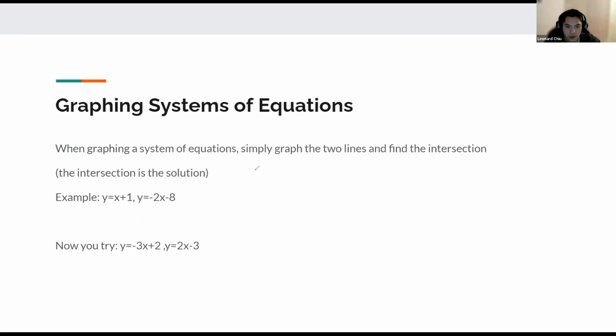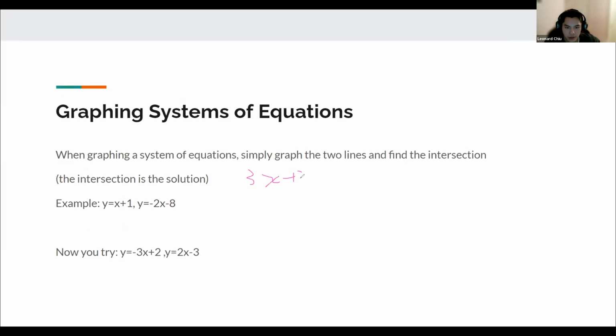If the question is like 3x plus 2y equals 8, I'm not going to solve this one, but just as an example, if that's one of the equations, you have to put it into y equals mx plus b form or point slope form, or a form where you can graph it. Basically, we're going to graph both of the lines and then check where they intersect. That point is going to be the solution. And that's the beauty of graphing. So let's do an example.